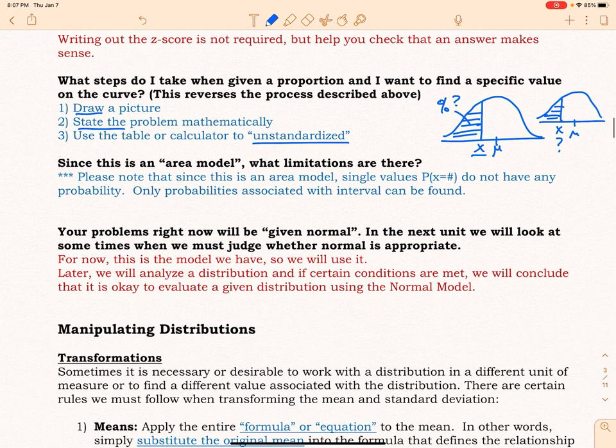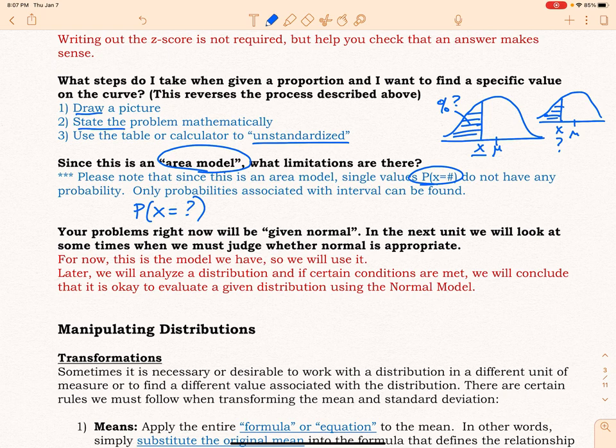One of the things we need to talk about with the normal curve is this idea that it is an area model. So what limitations might there be? Well, the biggest limitation is that you can't find the probability that x equals something, because equality means just at that one value.